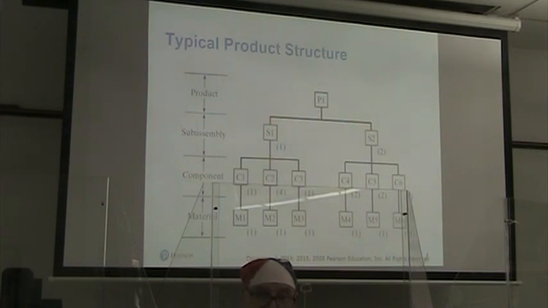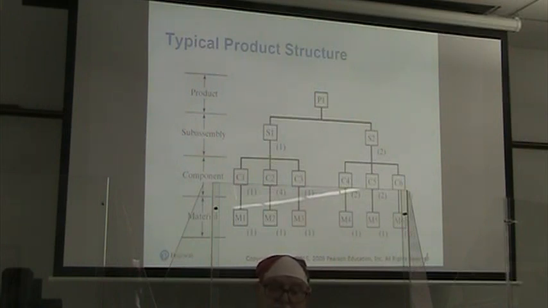So a typical product structure looks something like this. The product itself is right here, in this case P1. We have subassemblies S1 and S2. Again, this is typical. We could have S1, S2, S3, S4, however many.